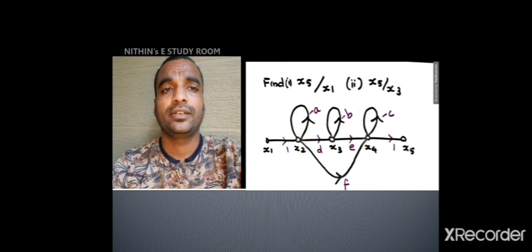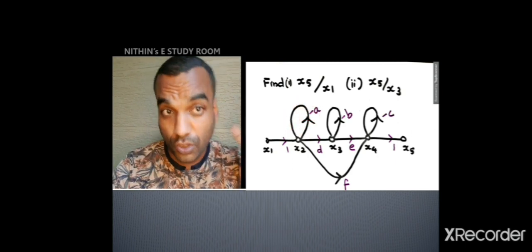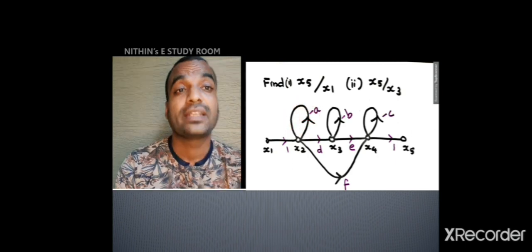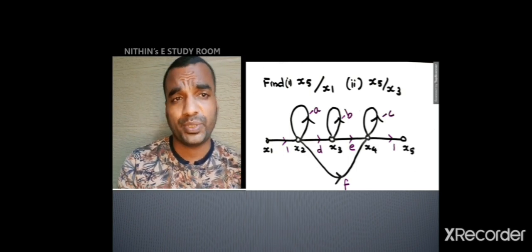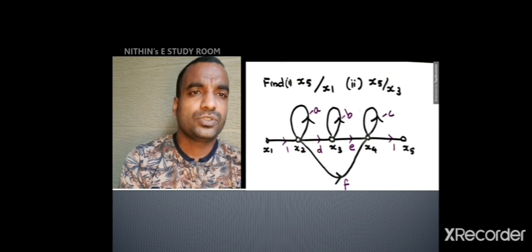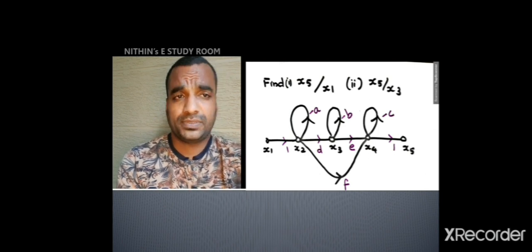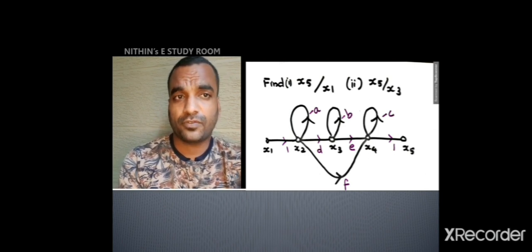Is it clear? This is the first time you are touching x2. Now you are again touching x2. So you are not permitted to touch that x2 twice. So you cannot include such loops or self loops in a forward path.